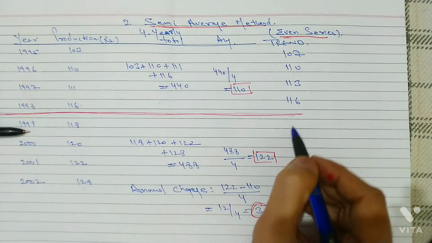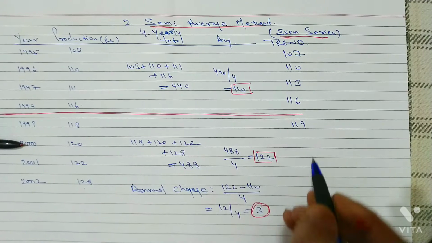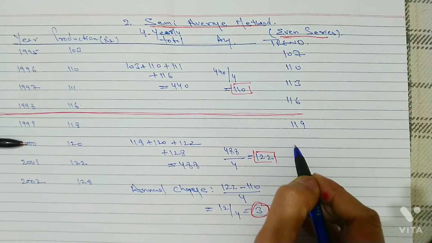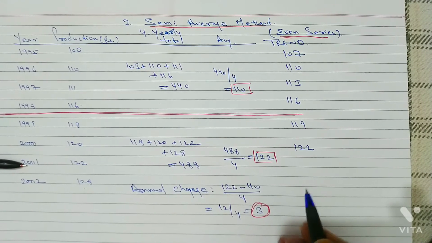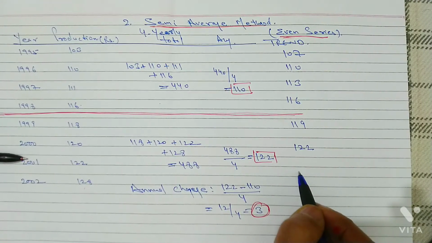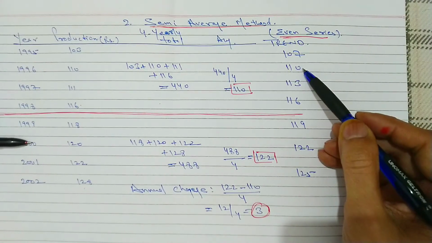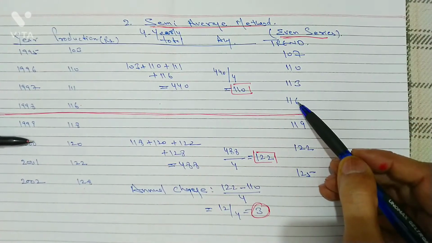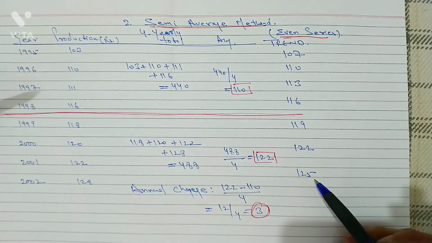For the next year, 116 plus 3, 119. For the next plus 3, 122. For the next plus 3, 125. Again, 107 for the first year, 110, 113, 116, then 122 and 125.